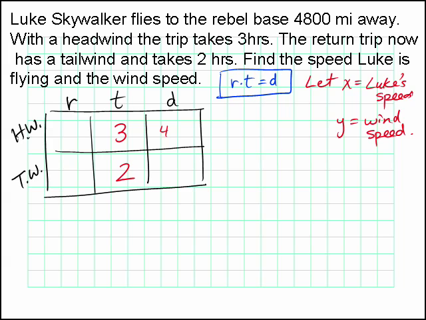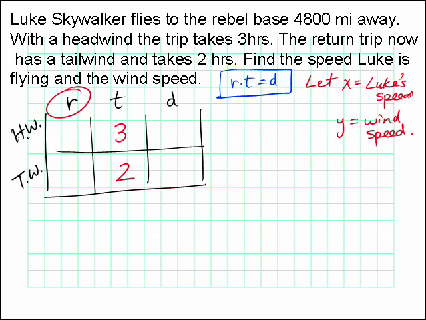Cancel that, let's back up. Let's do this first. The rate. In a headwind, you are being slowed down by the wind.